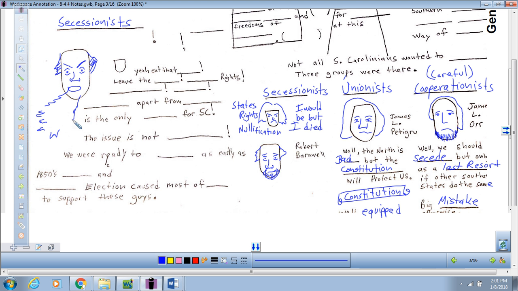What is that? That is one of the hardest things to draw. Fire. So, the secessionists... Oh, we gotta draw his beard, because his beard's fireproof.